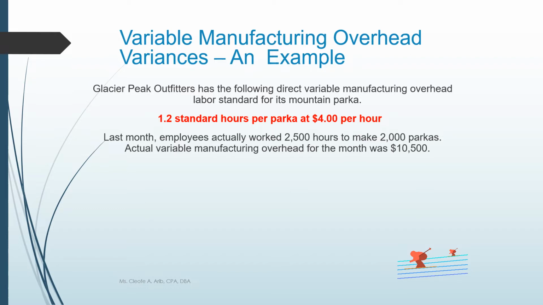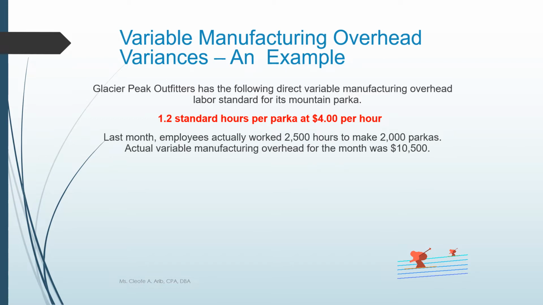That's $4 per hour. And then our actual data is that last month, how many hours were spent on variable manufacturing overhead to come up with the 2,000 parkas? 2,500.